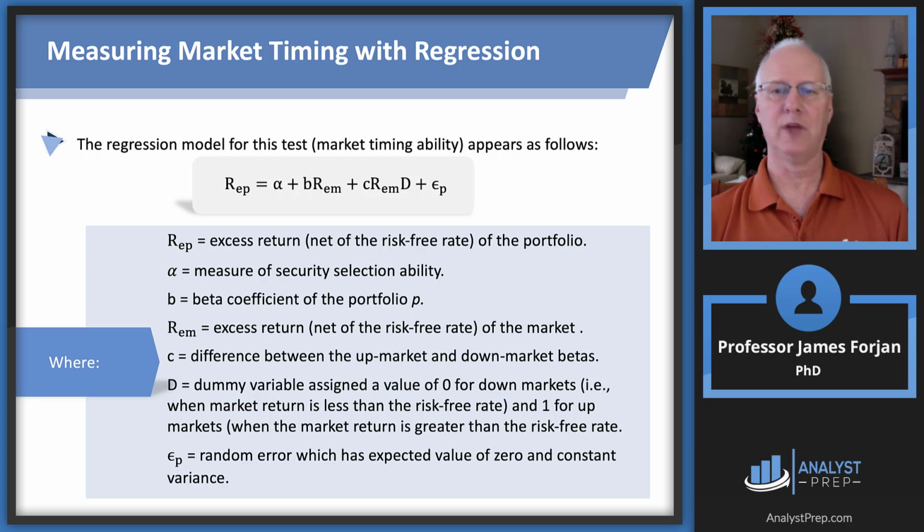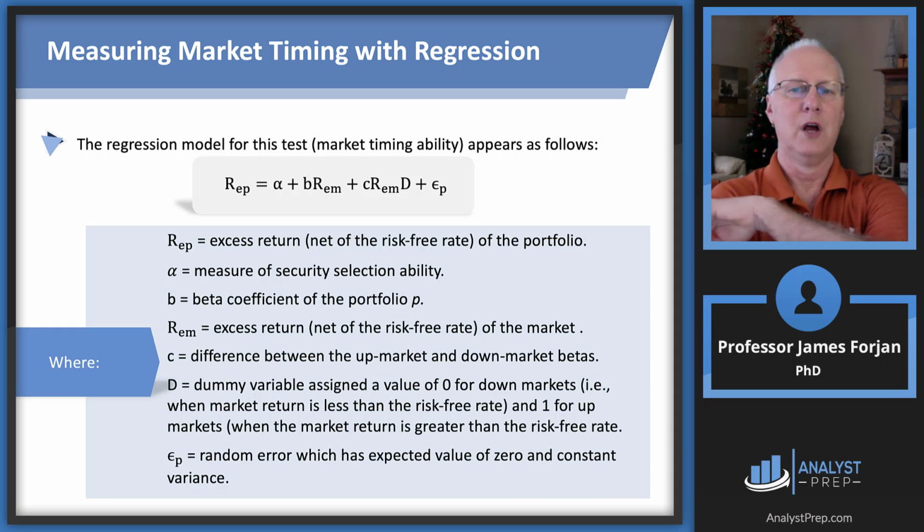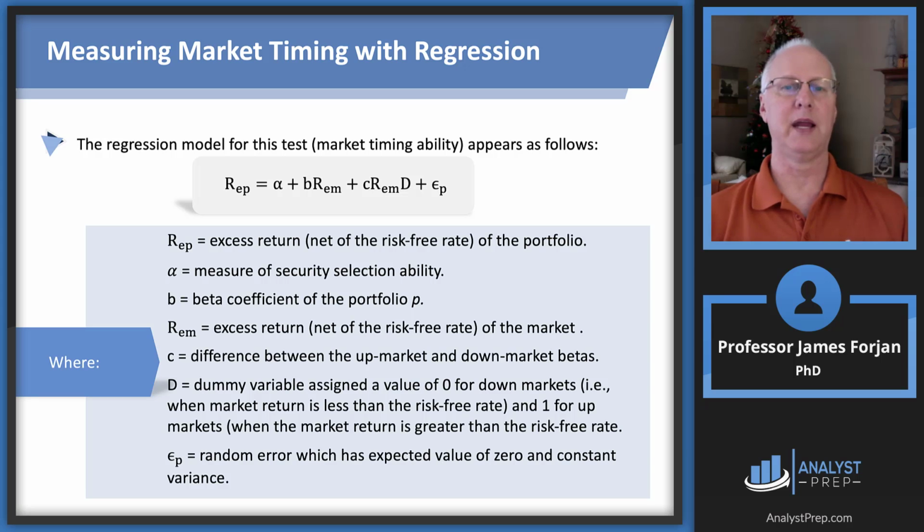And by the way, this excess return is also net of the risk-free rate of interest. Notice there's a big D out there on the right in between those two plus signs. This is a dummy variable. And dummy variables are very useful when you don't have complete data or you have qualitative data, or it just kind of lends itself that we need to use some kind of a dummy.